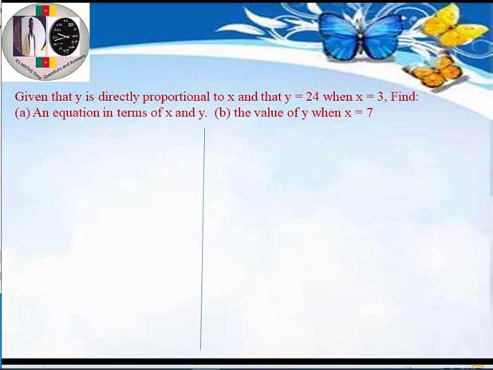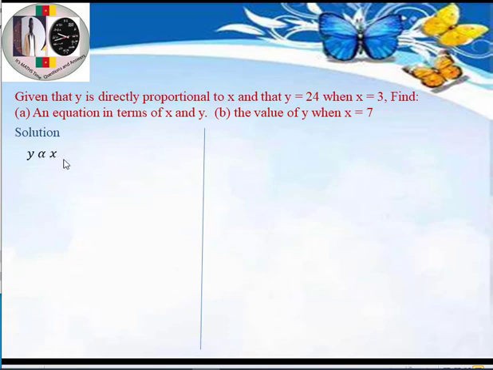So in this case today, they are telling us that quantity y and quantity x are directly proportional. How do we denote direct proportionality? We simply denote it by y is directly proportional to quantity x. This alpha sign here stands for proportionality. So if y is directly proportional to x, we denote it like this.